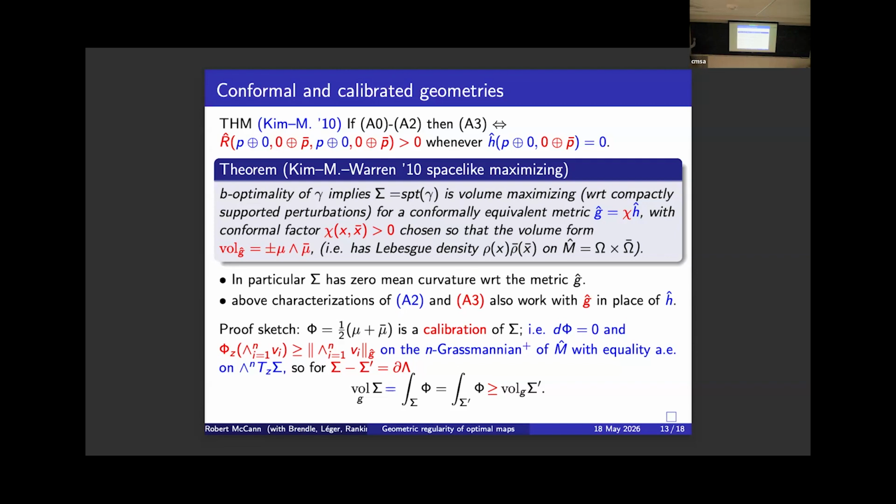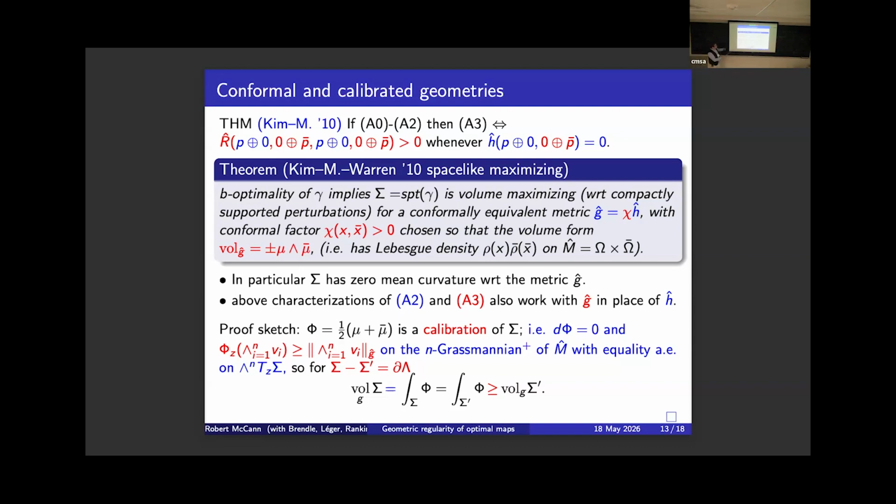Because phi is a closed form, the integral of d phi over lambda is going to be zero. But this is exactly the difference between the integral of phi on sigma and phi on sigma prime. And so these two things are going to have the same values.